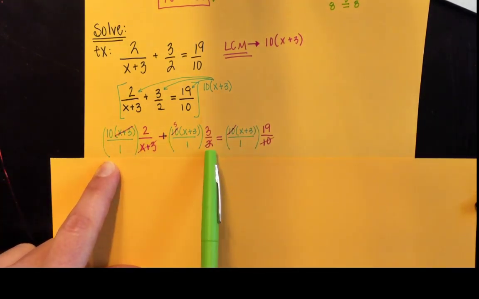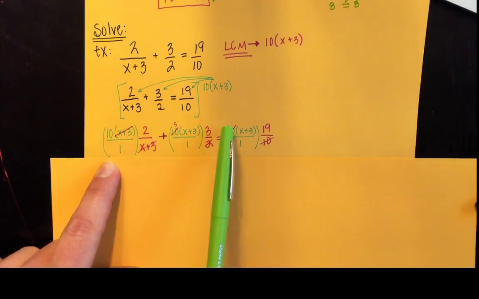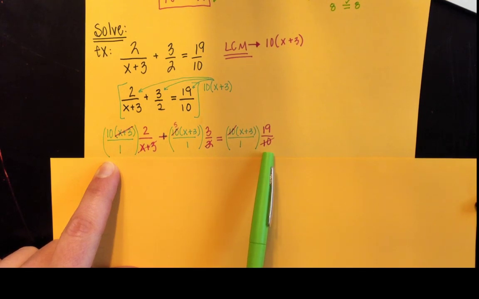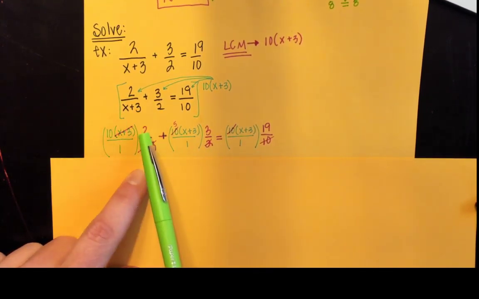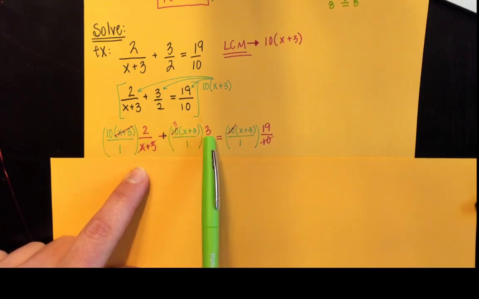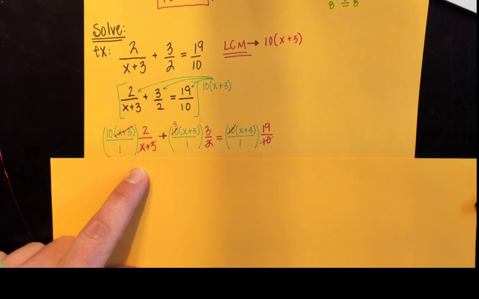The 10 on top and the 2 on the bottom cancel into 5 and 1, and the 10 on top and the 10 on the bottom cancel. So what's left now is 10 times 2, 15, because 5 times 3, 15 times x plus 3, and then this 19 times x plus 3.